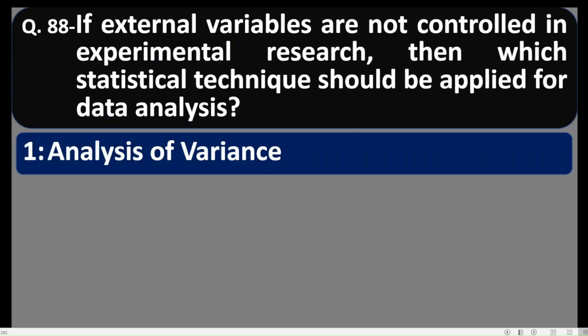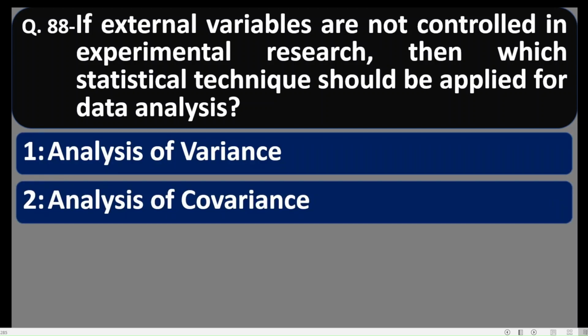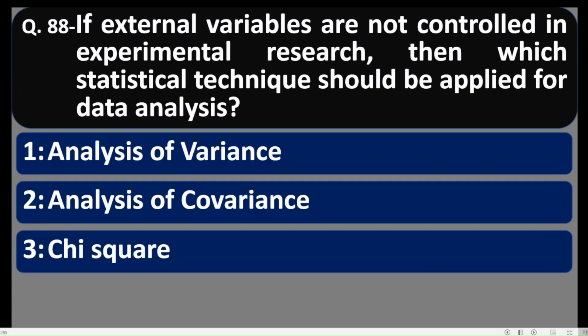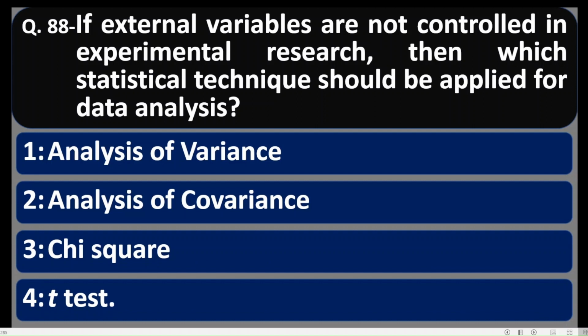Let us see the options: analysis of variance, analysis of covariance, chi-square, and t-test. So the best thing is to derive reliable findings in the given situation. Analysis of covariance is used for statistical analysis. Option number 2, analysis of covariance, ANCOVA.